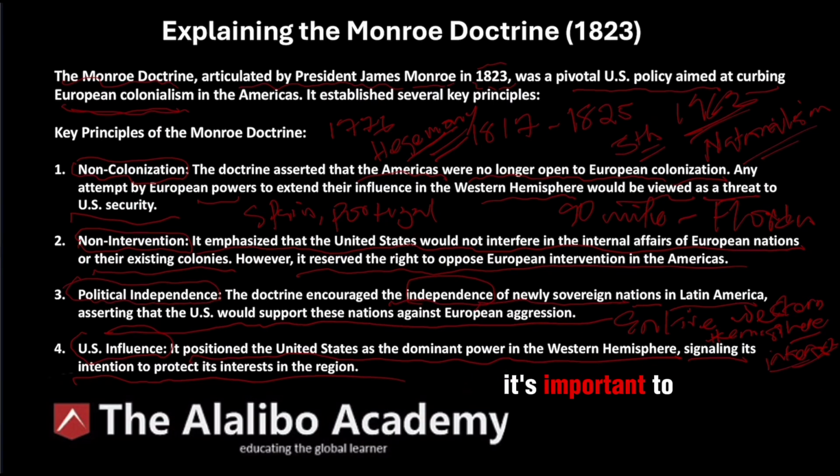All of this is important to understand the key role of the Monroe Doctrine and its impact, which is playing a crucial role in shaping the political landscape of the Americas. Very important. Shaping the political landscape of the Americas, and the relationship between the U.S. and European powers, setting boundaries and telling the European powers that you can reign supreme in Europe, but forget about the Western Hemisphere.